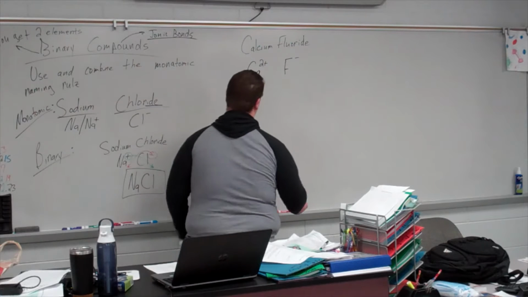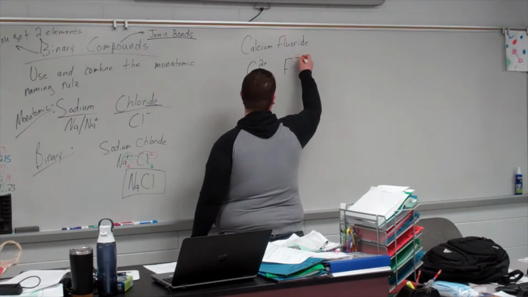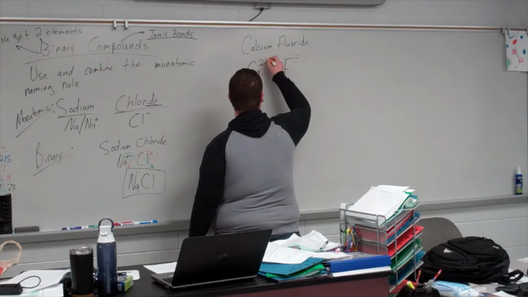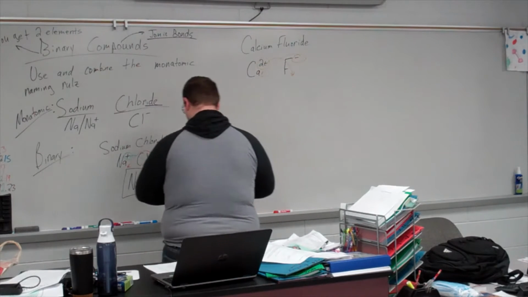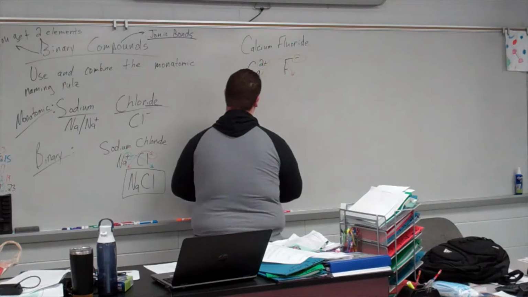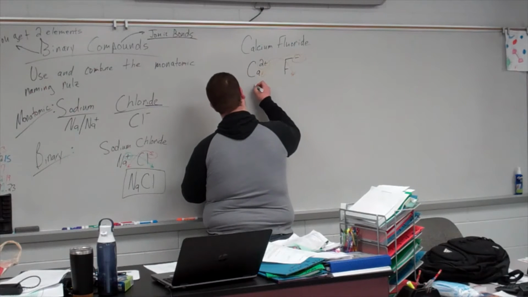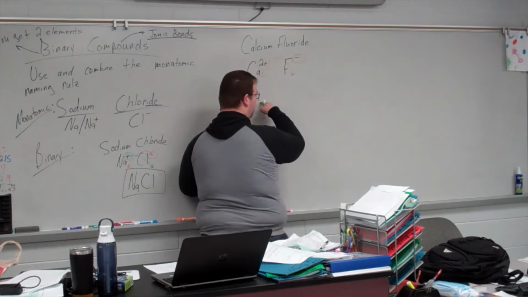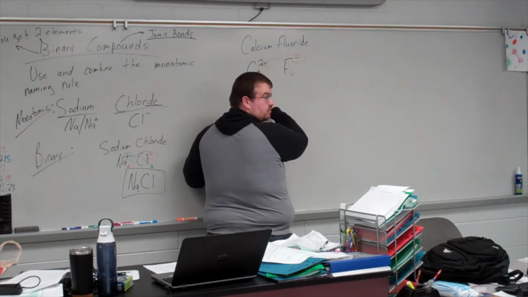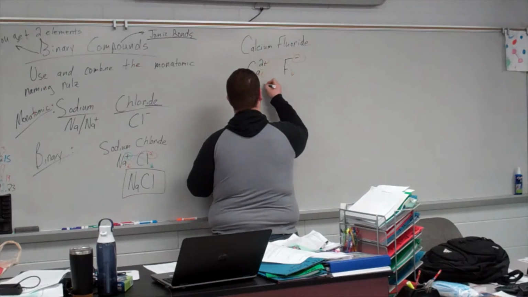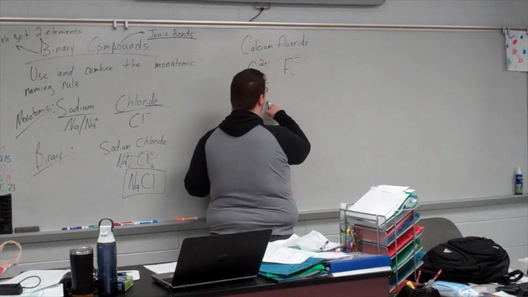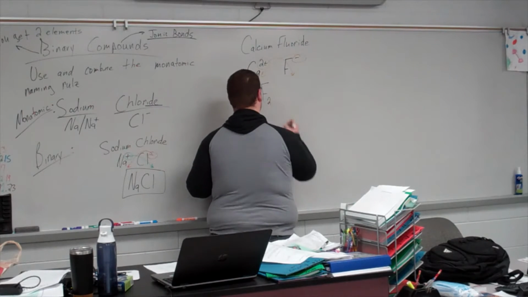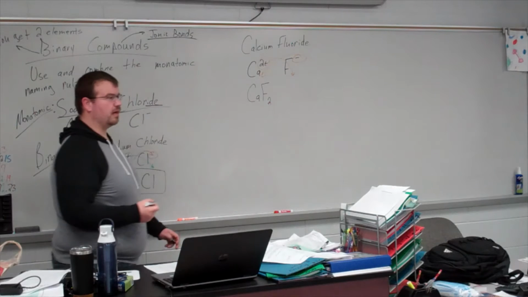So we're just gonna cross them. This 1 comes down here for calcium, this 2 comes over here for the fluoride. So I get Ca. Do I put a number here? No, it's just 1. The fluoride, do I put a number here? What number? Boom. It's calcium fluoride.